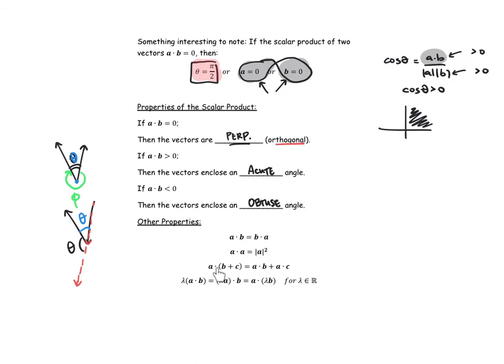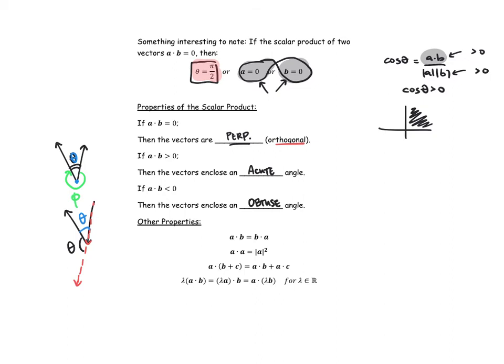The scalar product of A with B plus C is the same as the scalar product of A with B plus the scalar product of A with C. Okay, and then a little bit of commutative property here. Lambda, which is just some constant, times the scalar product of A and B is equal to lambda times A, its scalar product with B, which is equal to A times the scalar product of A with lambda B. Okay, you'll probably see this show up in the homework. You'll need to show it just using component breakdown.